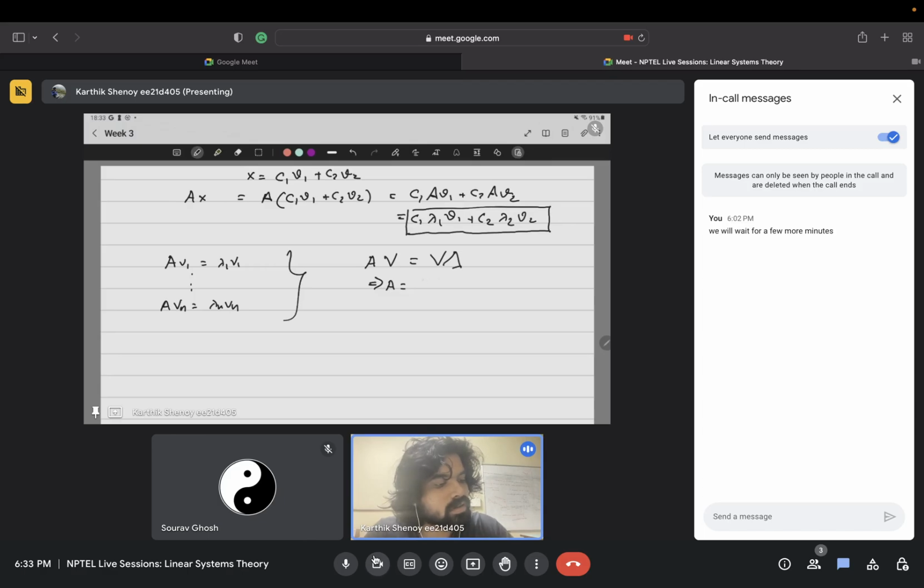So A is V lambda V inverse. If you see here, this is a similarity transformation, where the modal matrix is the eigenvectors. So if you choose the modal matrix as your eigenvectors, and the A matrix is good in the sense it's not defective, in the sense you will see what algebraic multiplicity and those things are, then you will get a diagonal system. The system becomes diagonal now in some coordinates.